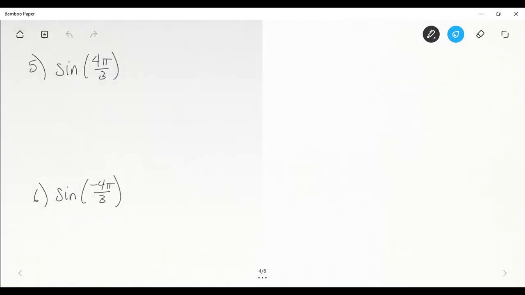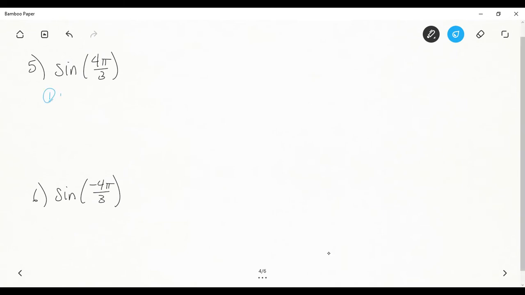Okay, let's look at evaluating sine. Same process, same 4 steps. Our first step, find our reference angle. Reference angle for 4 pi over 3 is pi over 3. We are in quadrant 3, and sine is negative in quadrant 3.